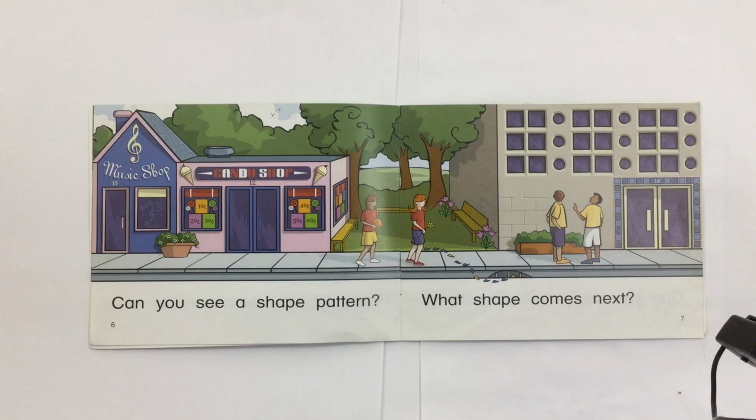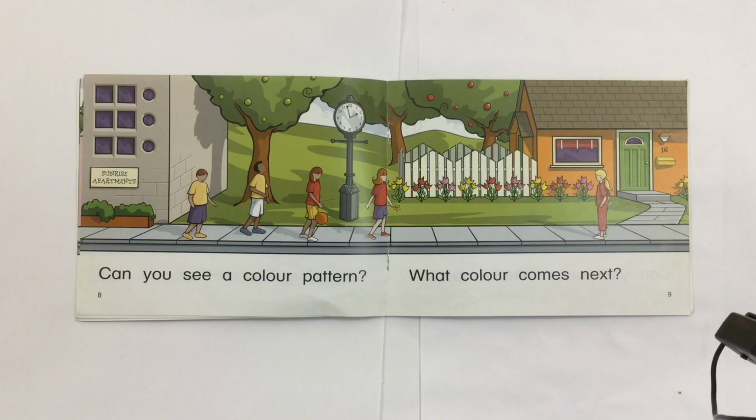Can you see a shape pattern? What shape comes next? Can you see a color pattern?